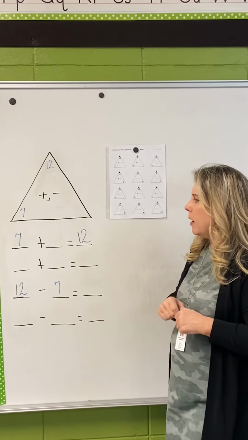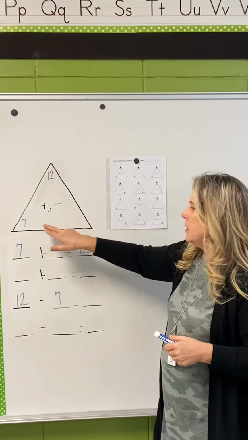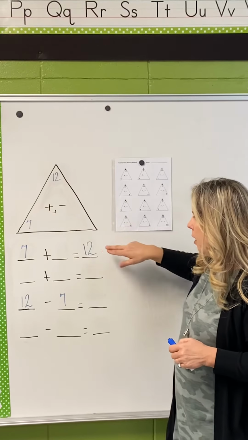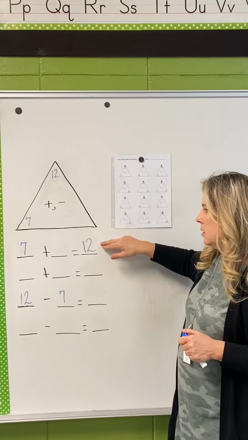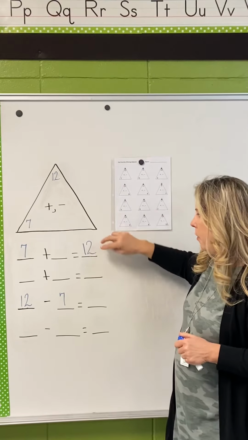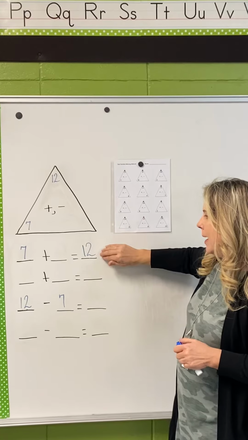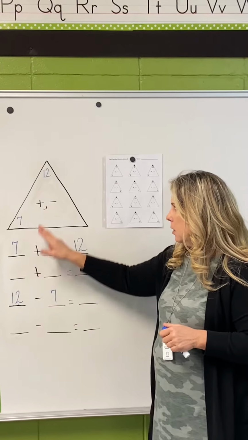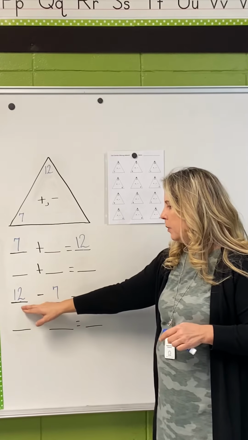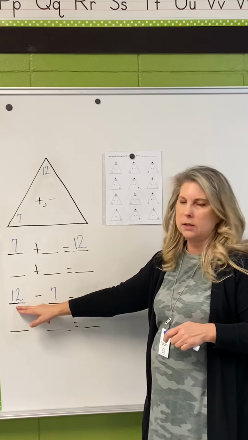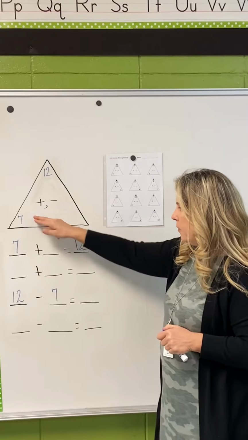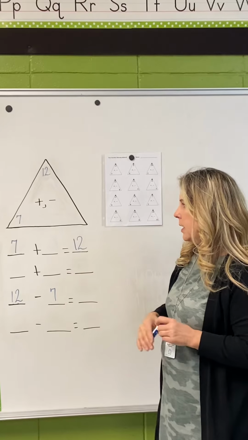So I have already put my 7 here, and I put my total 12 behind the equal signs in this addition sentence because I know that the biggest number goes behind the equal signs in addition. And I have already put 12, the total, at the beginning in this subtraction sentence because in subtraction, the highest number is always first. And I have added one of my addends or parts right here, the 7.